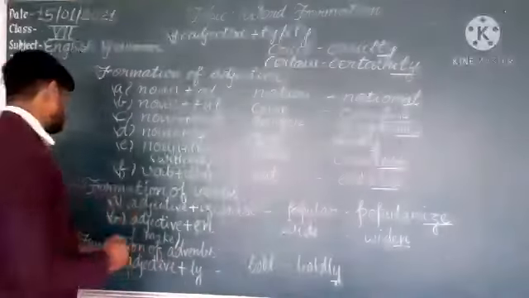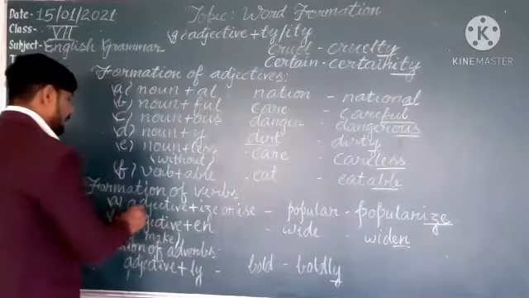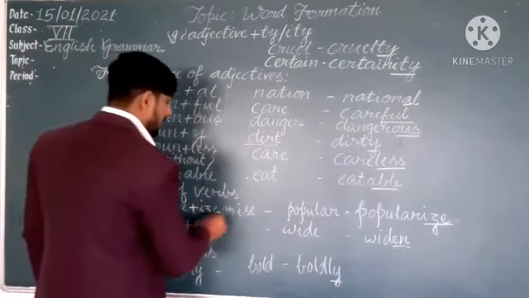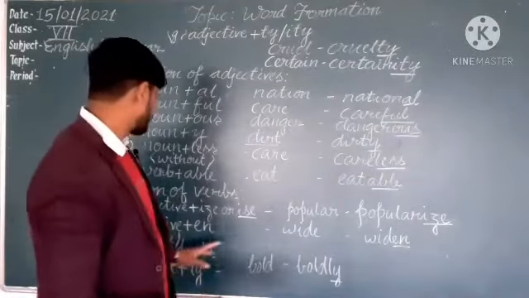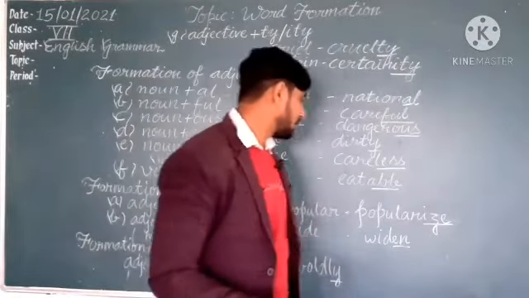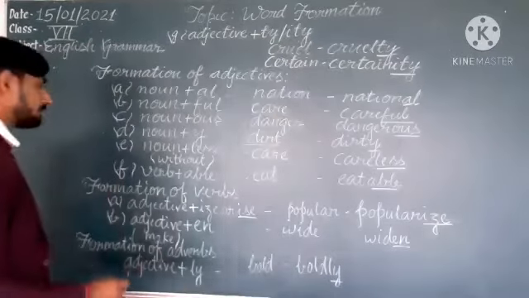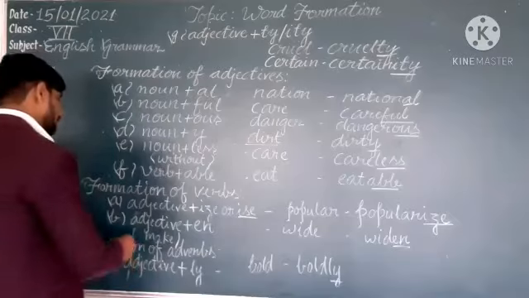So next one is formation of verbs. First adjective plus ize or ise. So you are getting the word popular, which is an adjective, by adding ize, it becomes a verb. Understand?